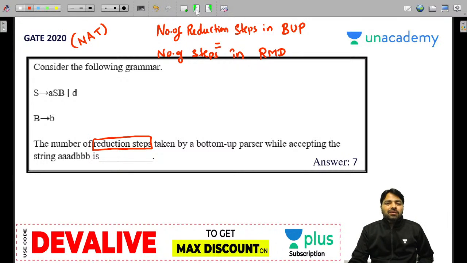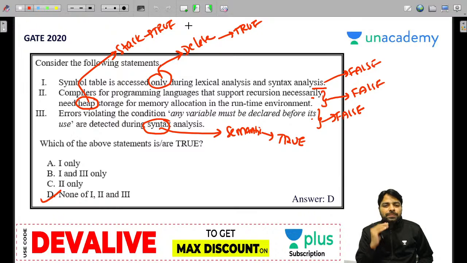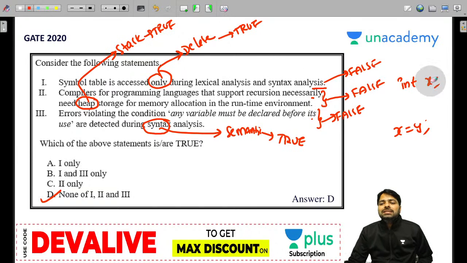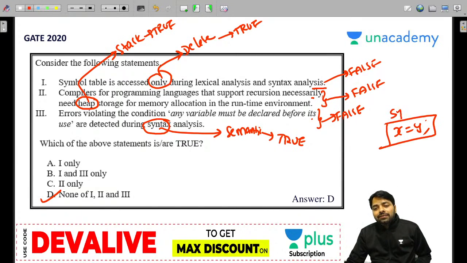Okay, please, when you ask the question, that is the reason. Guys, please explain to the person that a variable must be declared before its use; how is that detected during syntax analysis? How do you know that? Int x is there and x is equal y. If I am going to miss the declaration, how does the compiler's syntax analysis know that the declaration is missing? This is syntactically valid. No syntax error, but only semantic analysis can identify whether x is declared or not, y is declared or not.